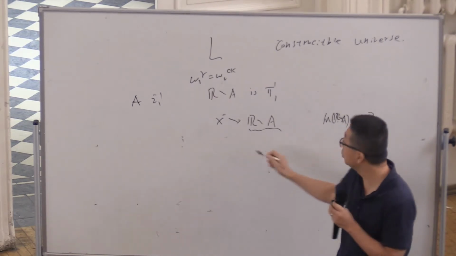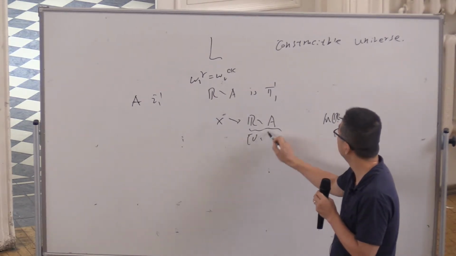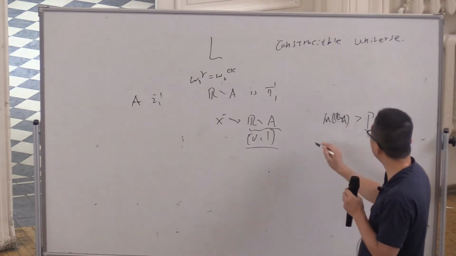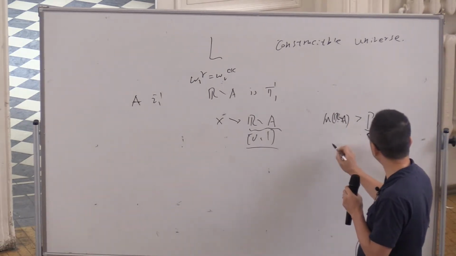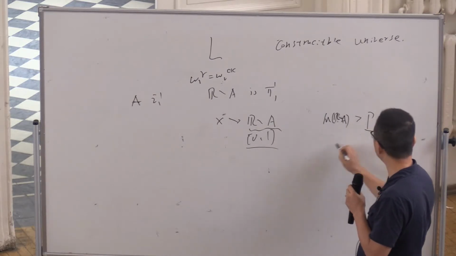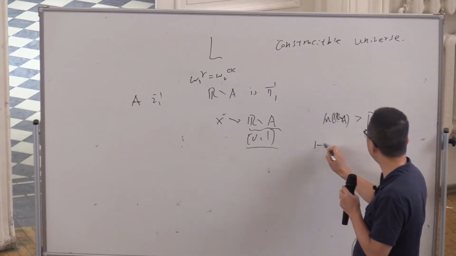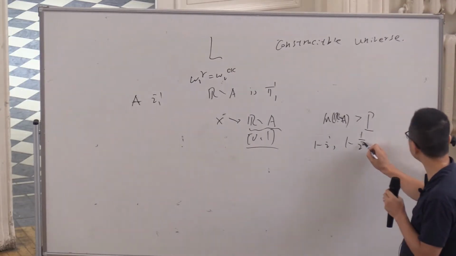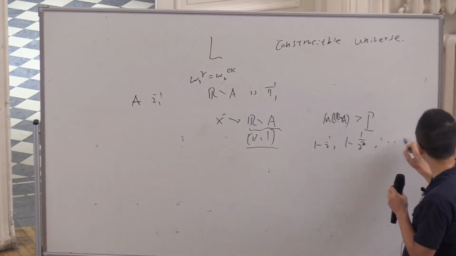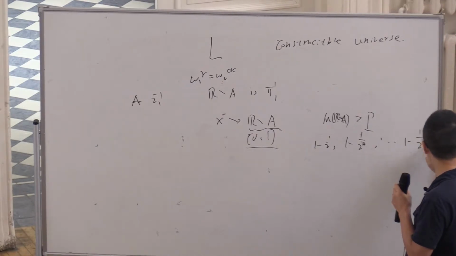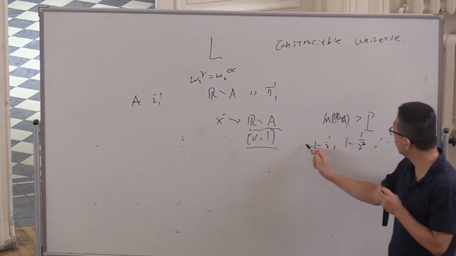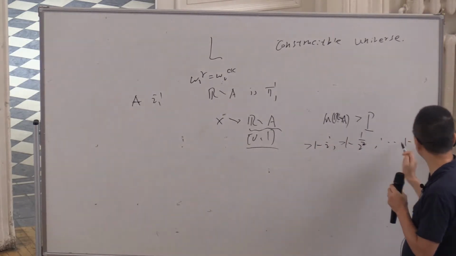Say we just look at the interval [0,1]. And so then we just enumerate all the rationals like 1 minus 1 over 2, 1 minus 1 over 4, and 1 minus 1 over 2 to the n. And then finally we will find the measure is greater than half, greater than this, and greater than this.